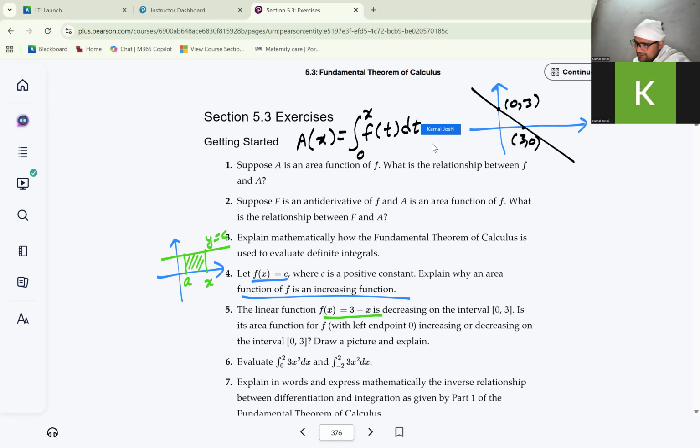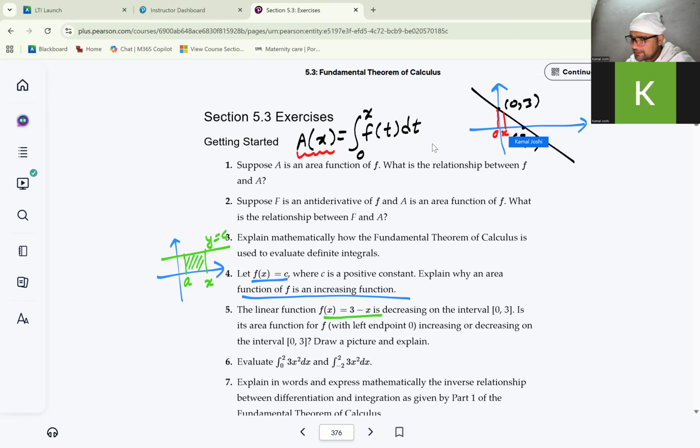So the question is, is it increasing or decreasing on that interval from 0 to 3? First, to understand whether it is increasing or decreasing, let us understand what it represents. This area function represents the area under this graph from 0 to any variable point x, right?